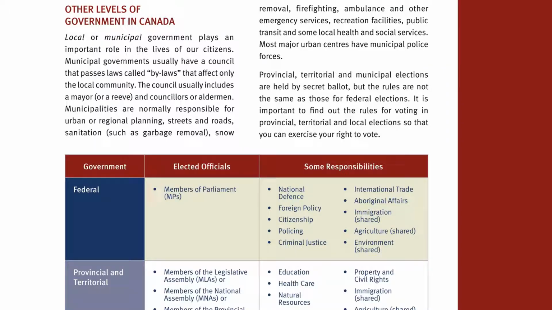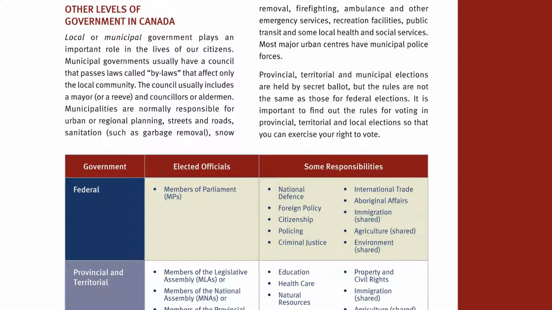Other levels of government in Canada. Local or municipal government plays an important role in the lives of our citizens. Municipal governments usually have a council that passes laws, called bylaws, that affect only the local community. The council usually includes a mayor or a reeve and councillors or aldermen.